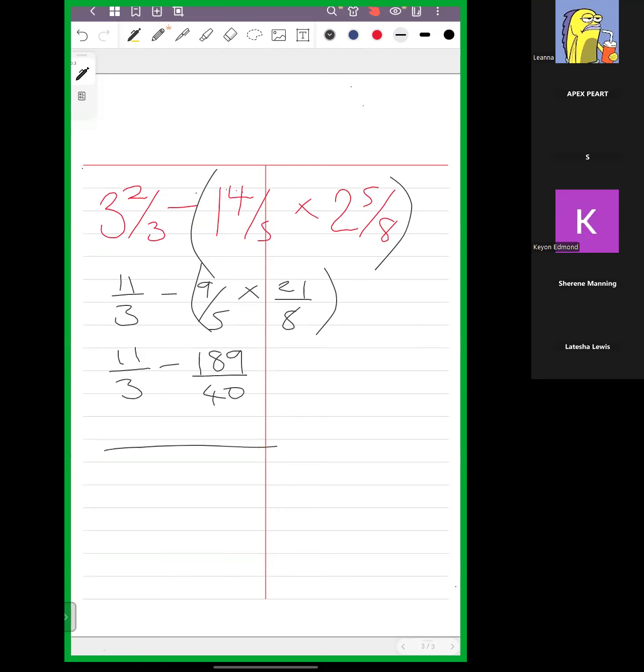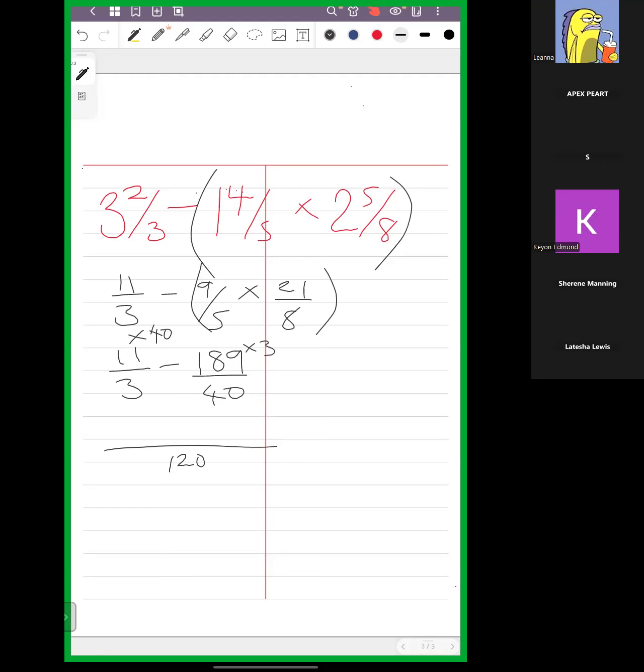Maths are maths, you know. So we have the LCM here, which is going to be 120. There are 40 groups of 3 that can come from 120, because 3 into 120 goes 40 times, so times that by 40. And then 40 into 120 goes 3 times.